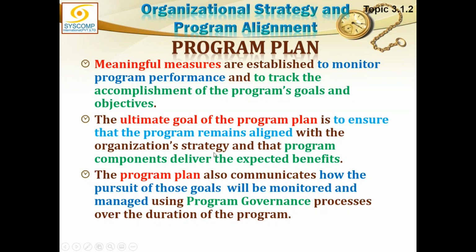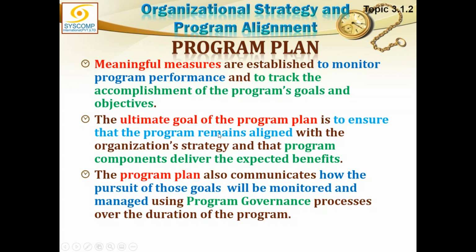The ultimate goal of the program plan is to ensure that the program remains aligned with the organization strategy, and that is very important because who is going to keep an eye on that? If you are diverting from the organization strategy over time, then probably you are not right, and this should be immediately corrected, and that program components deliver the expected benefit. Both of these things: you are aligned with the strategy, and you are also able to deliver the expected benefits.